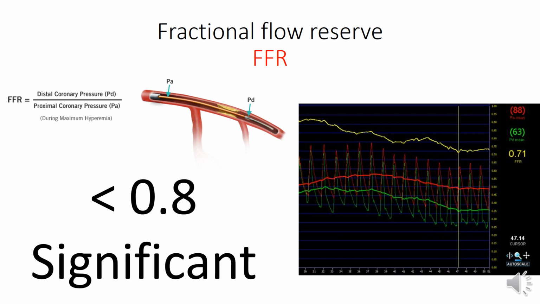So we measure the proximal pressure from the engaged catheter and the distal pressure using a pressure wire, plotting them against each other after elimination of resistance by giving adenosine. This gives us a ratio of the pressure distal and proximal to the lesion. If this number is below 0.8, this is a significant lesion. In this example, it is about 0.71, so it is a significant lesion.